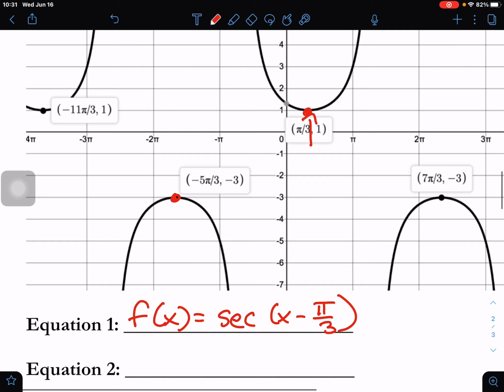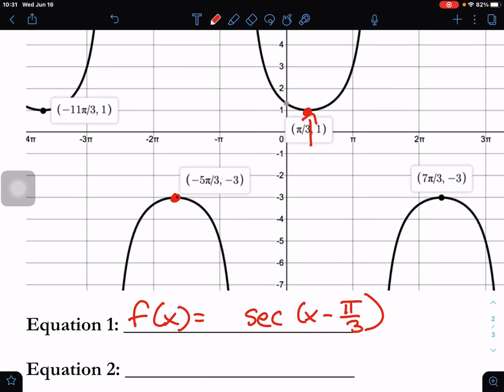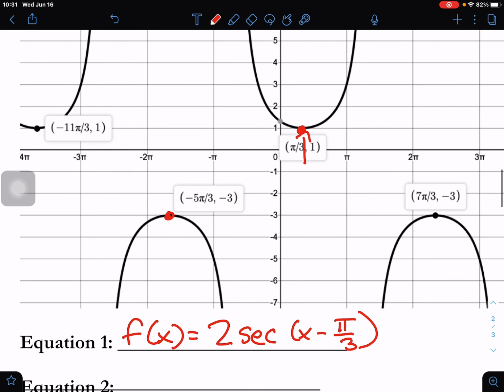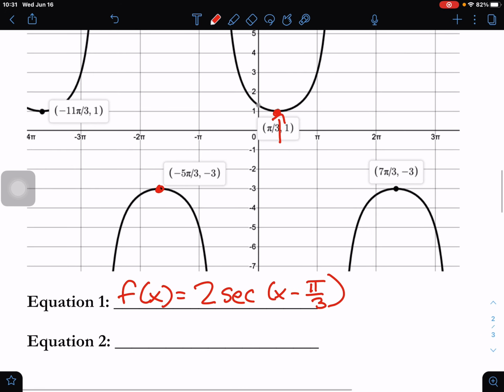So that means that on the outside here, you can likely write 2 secant of x minus pi over 3. And then we also notice it's shifted down 1. So we can put a negative 1. And I believe that is it.